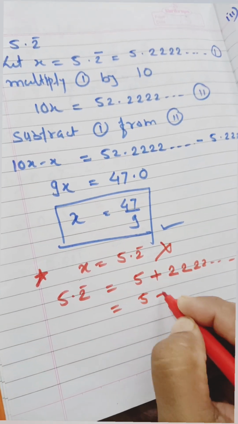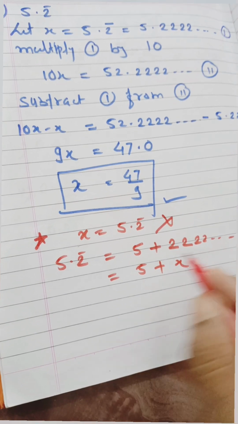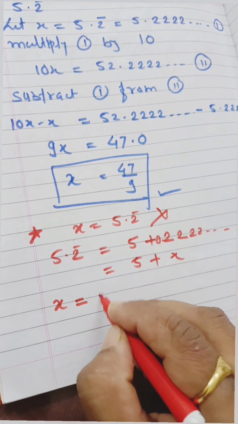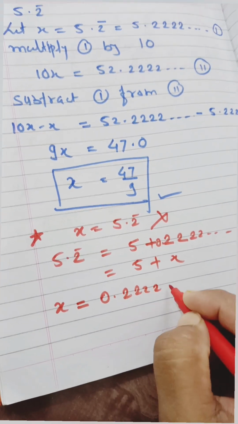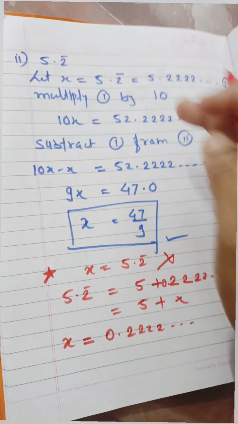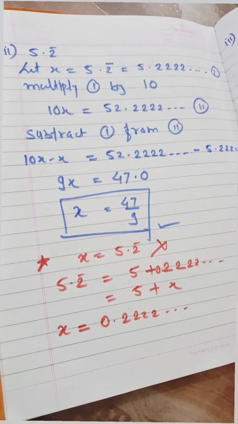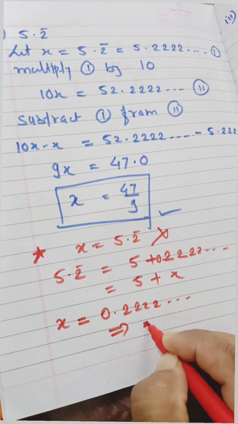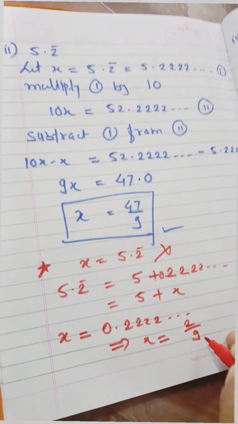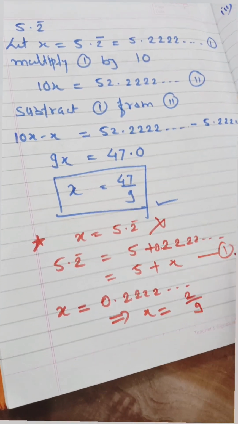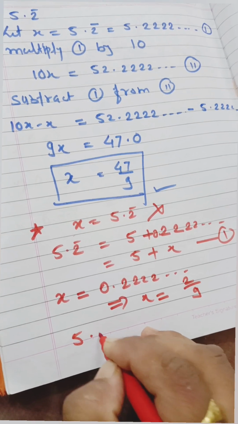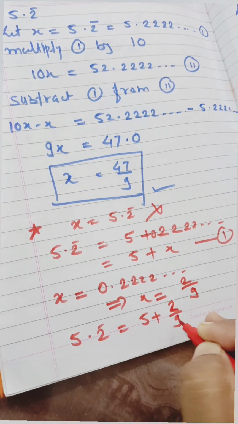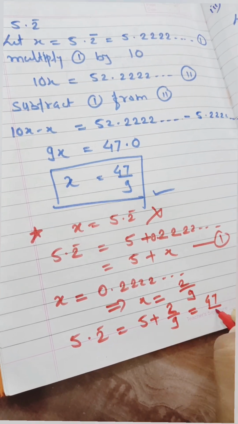If we denote this as x, taking separately x equals 0.222 and so on, and apply the same method which we applied for 0.3 bar, then we will get x equals 2 by 9. If we put this here, 5.2 bar equals 5 plus 2 by 9. And if we solve this, we will get 47 by 9.